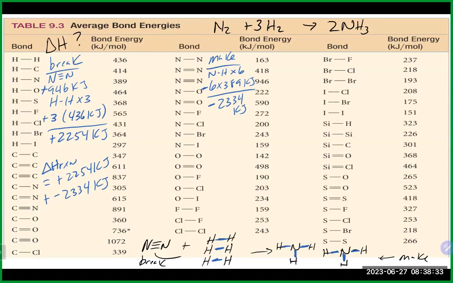Let me try that again, put the right numbers in. 2254 minus 2334 is going to give us a negative 80 kilojoules in this case. Once again, this would be exothermic, as we did get a negative value for delta H.